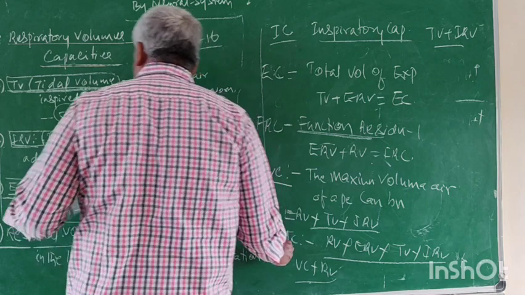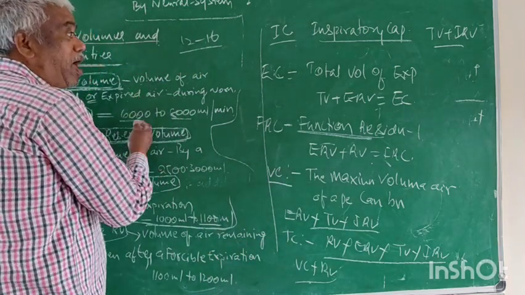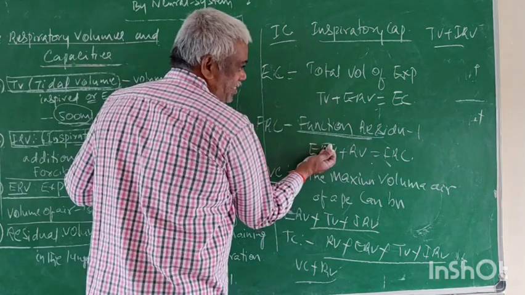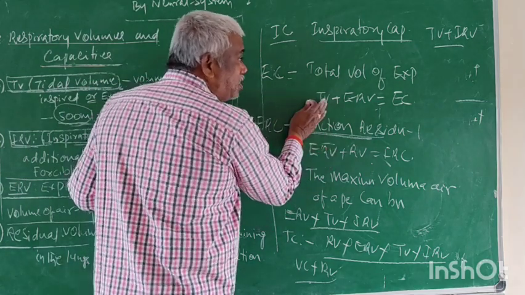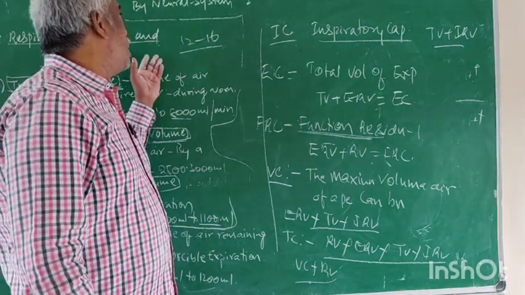These are capacities, and those are the values. Two or more values together form capacities.